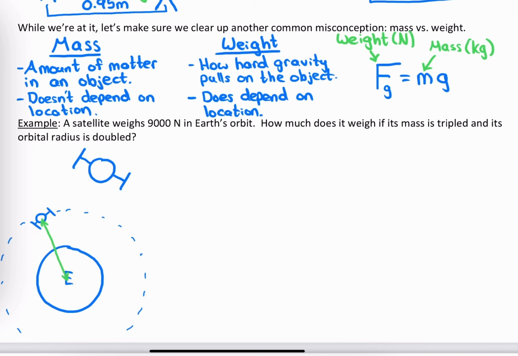So this is for my initial satellite. We'll call this R initial. But then I've got a radius for my new satellite. We'll call this R final. And these satellites have masses too. We'll call this mass M initial, the mass of the initial satellite, and this mass we'll call M final, the mass of the final satellite or the new satellite.